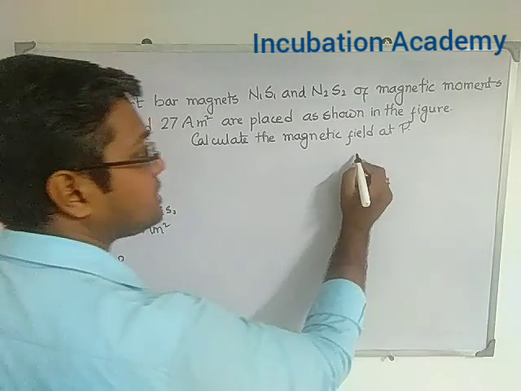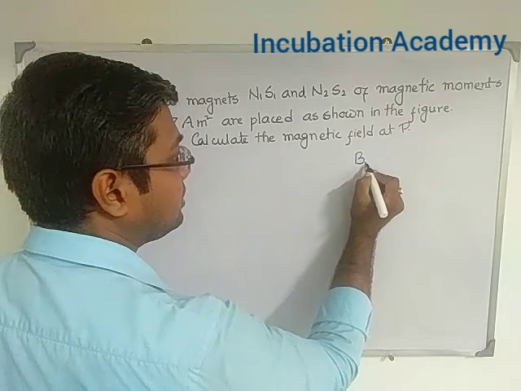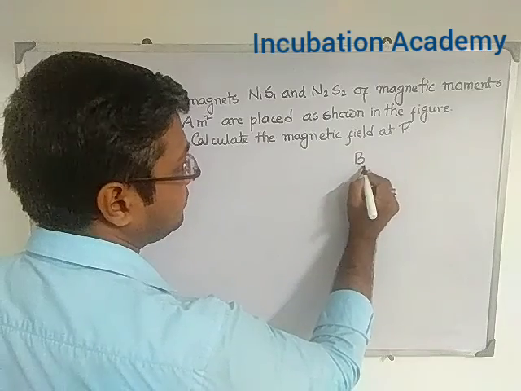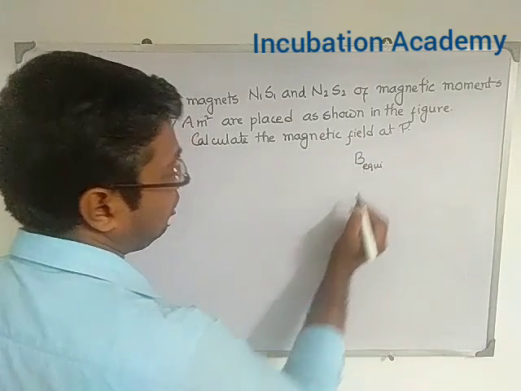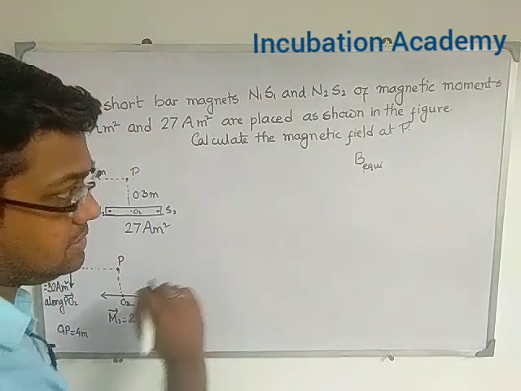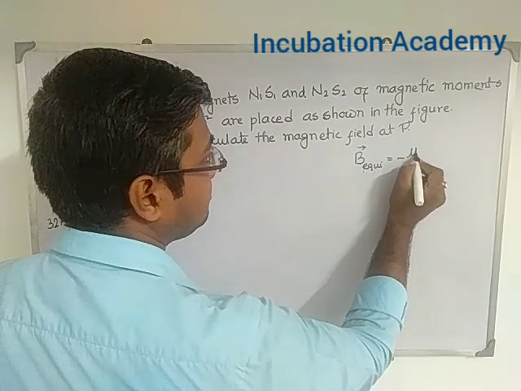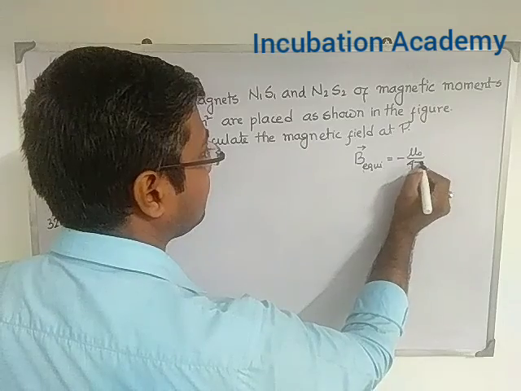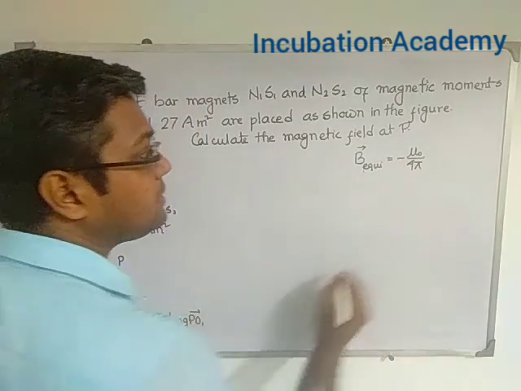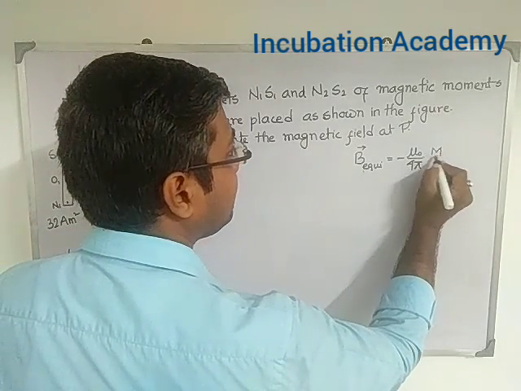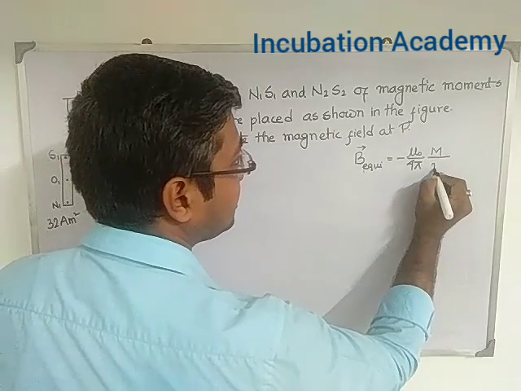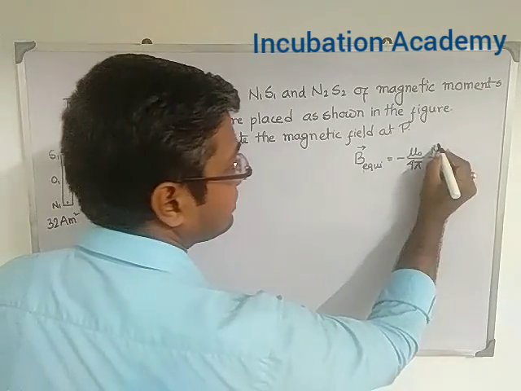So I am just writing down the expression for the equatorial position of a short bar magnet: B equals minus mu naught divided by 4 pi, capital M divided by r cube, M vector.